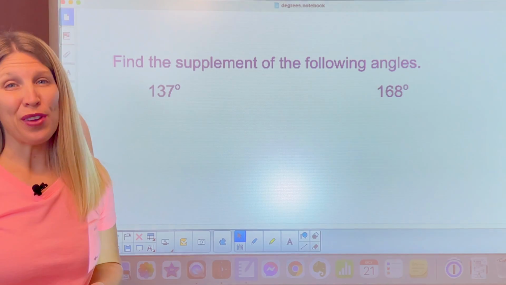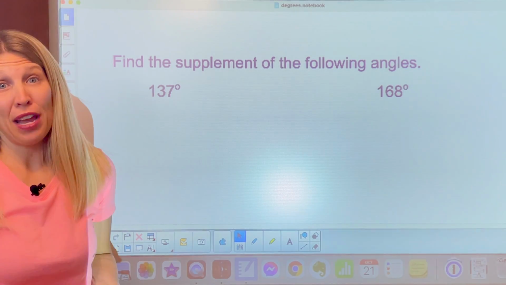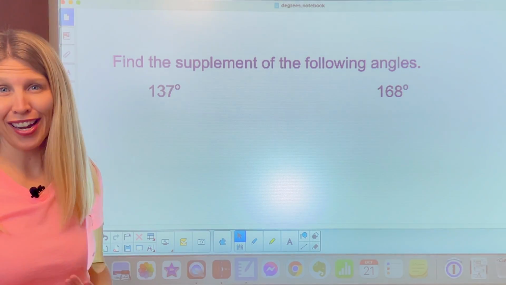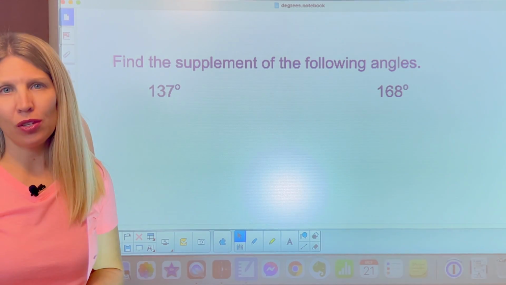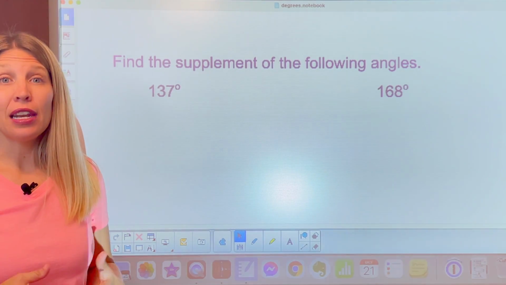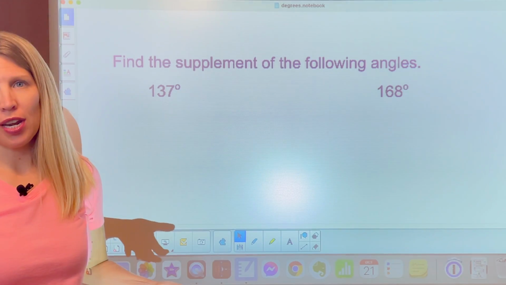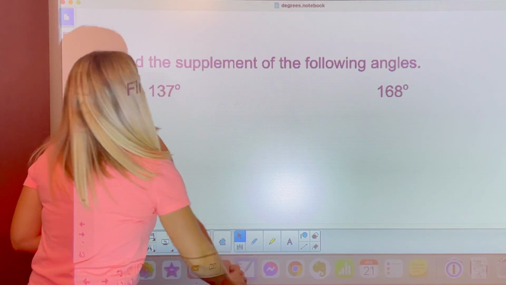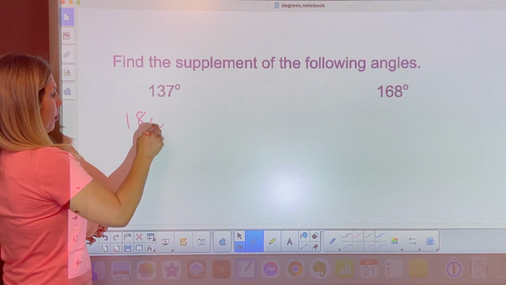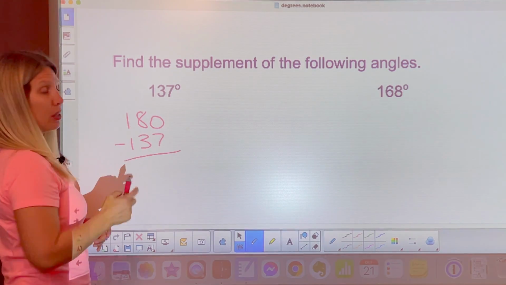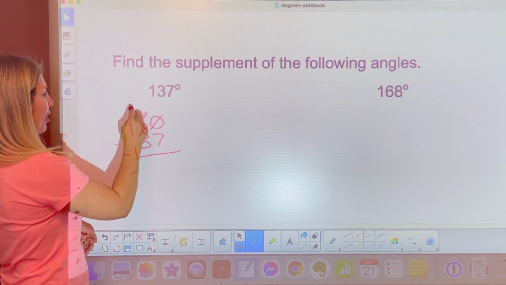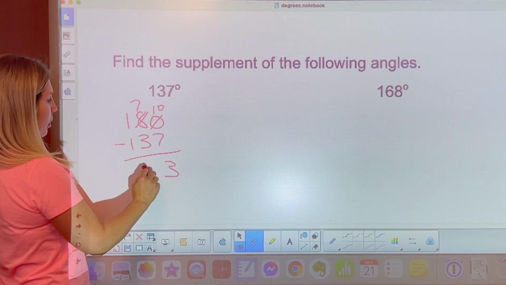Now sometimes they'll give you angles like these and they don't have a complement, right? Because they're already over 90 degrees, so they can only ask you to find the supplement. And for these, again, they're just two angles that add up to 180. So all you have to do is set up your problem. And if you want to set it up this way, so you can subtract if you don't have a calculator on you, you can borrow.